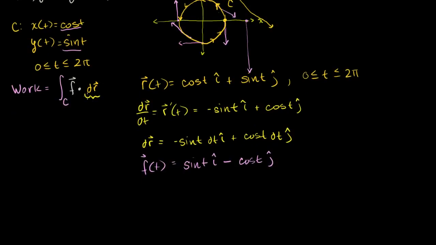If we want to find this line integral, it's going to be the same thing as the integral from t equals 0 to t equals 2 pi of f dot dr. Now, when you take the dot product, you just multiply the corresponding components and add it up.